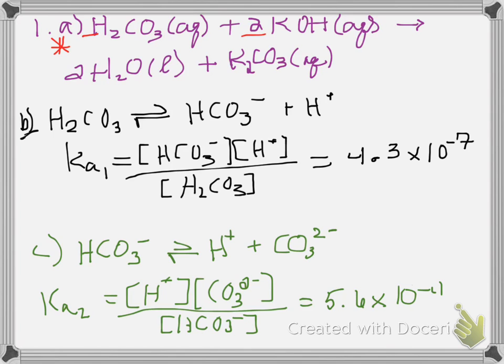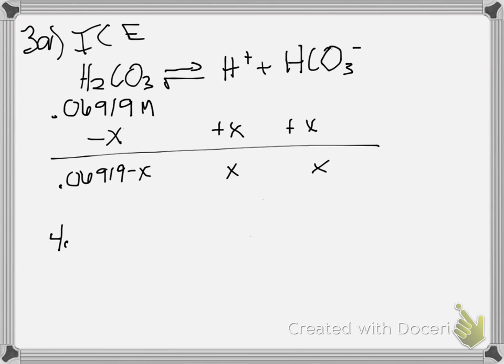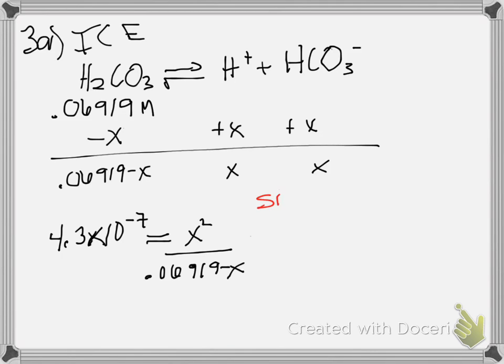So I'm going to put 4.3 times 10 to the negative 7 equals x squared divided by 0.06919 minus x. Now we can make the simplifying assumption here and just check it, right? We want x to be less than 5% of our initial concentration.